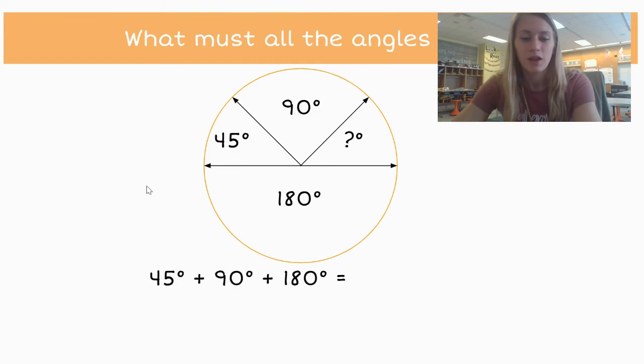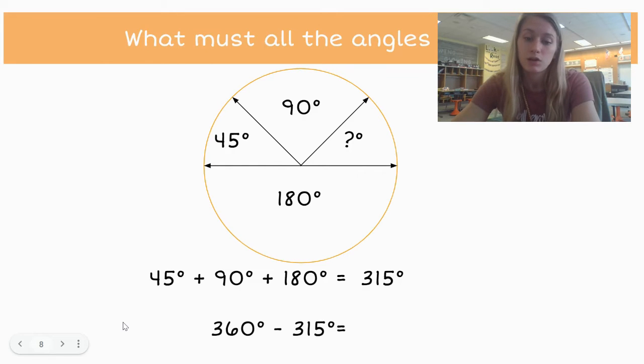Nice job. So let's add the pieces we do know. We know there's a 90, a 45, and 180 degrees. Let's add those 3 first. That's 315 degrees. Big angle covered over here. Now we can subtract that from our total angle of the circle. 360 minus 315 will help us find this remaining piece, the question mark, 45 degrees.